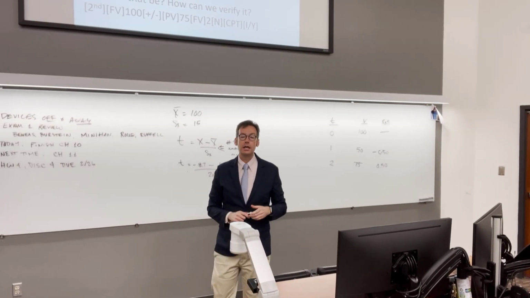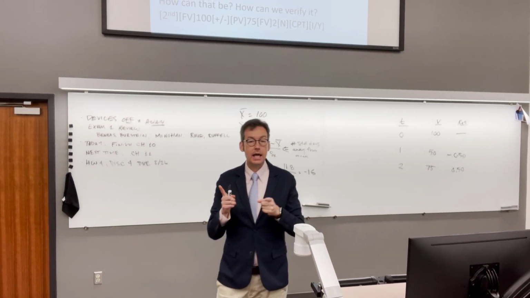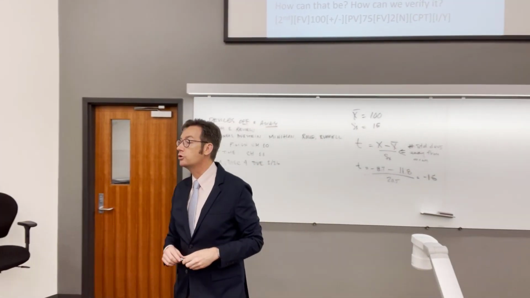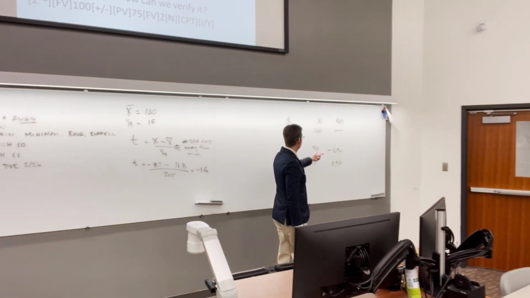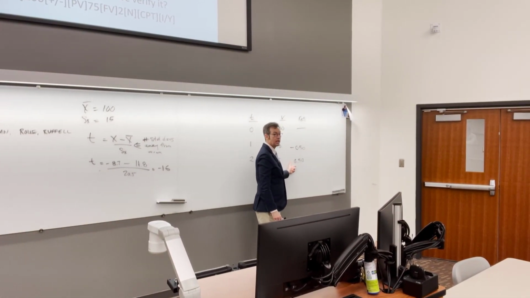Now, if I were to look at this thing and ask, what is the arithmetic average return? It'd be pretty easy. I'm going to add this and this, and I'm going to divide by 2. What is this plus this? 0. What's 0 divided by 2? 0.